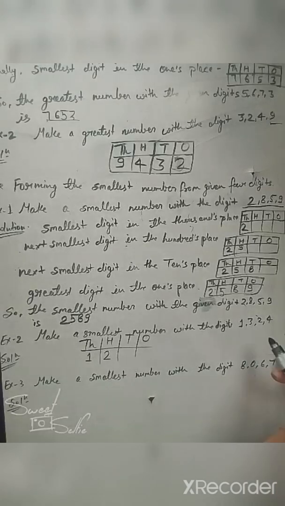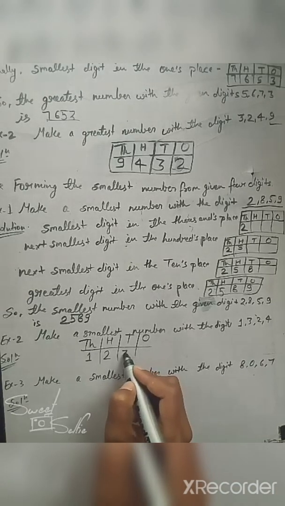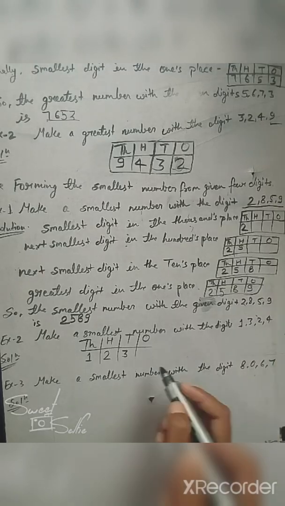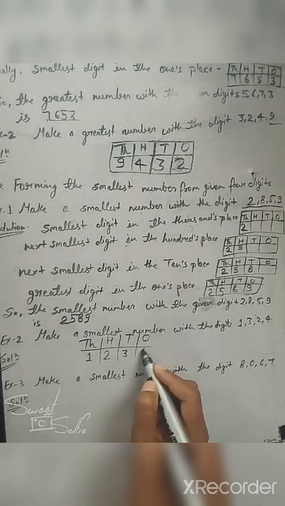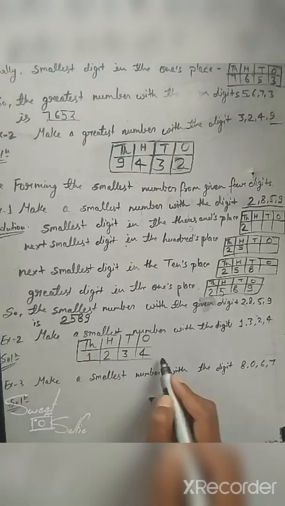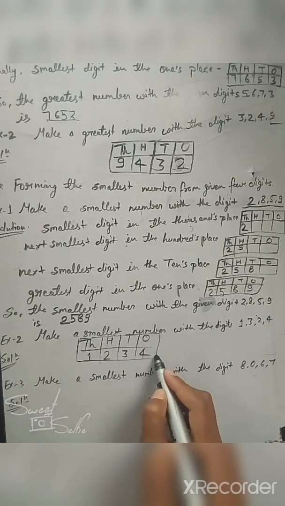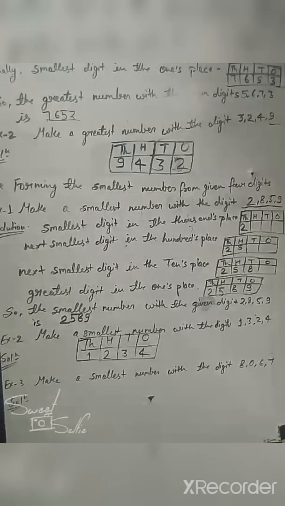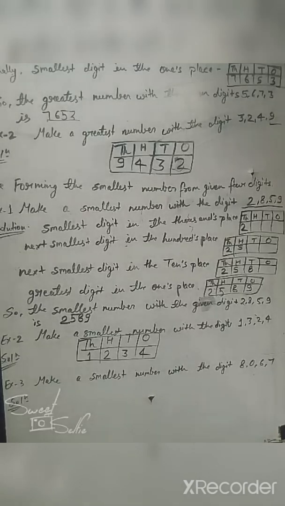After 2, the smallest is 3, so 3 at the tens place. And finally the greatest is 4, so we write 4 at the ones place. So 1234 is the smallest number with the digits 1324.